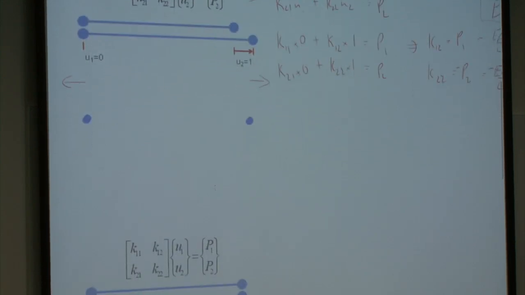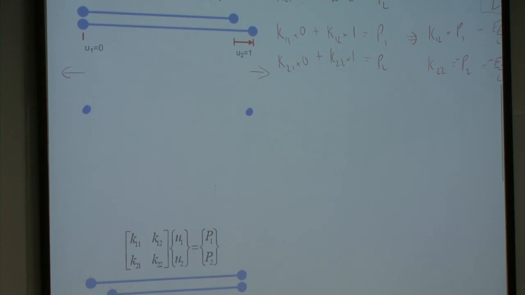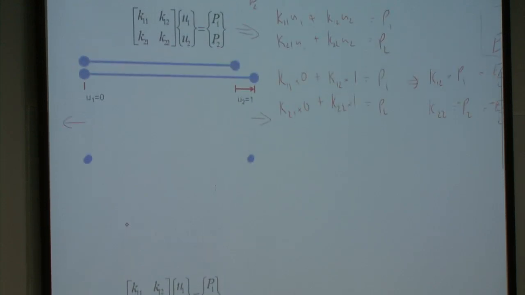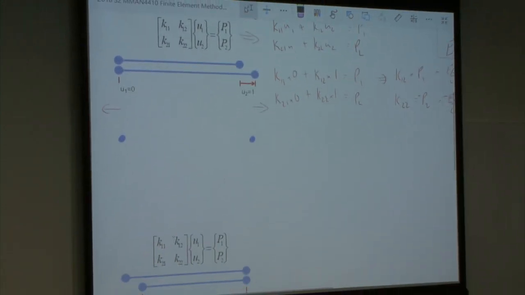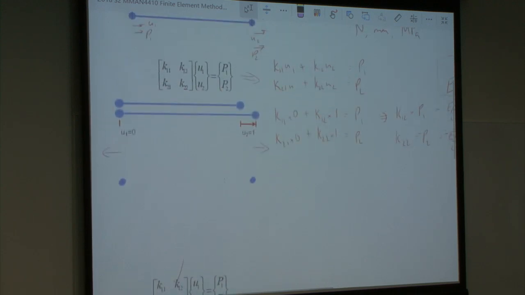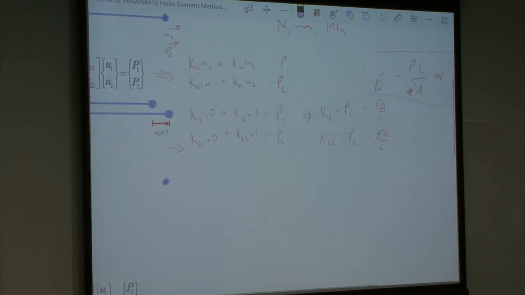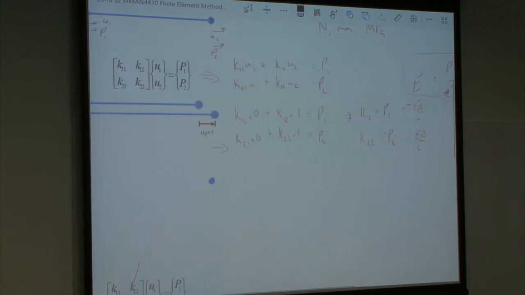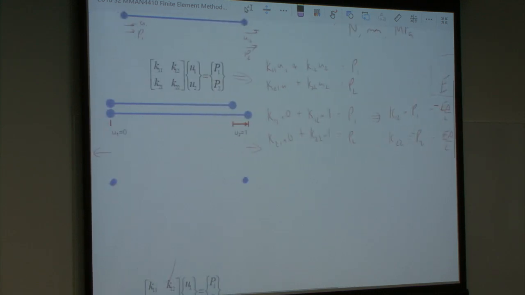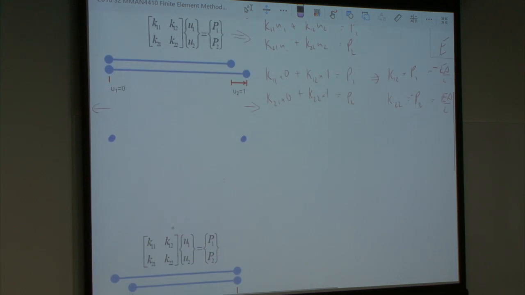Sorry, it's the one on the left node that's pointing to the left. So that's a negative. So we've defined K12 and we've defined K22, but we don't know yet K11 or K21.